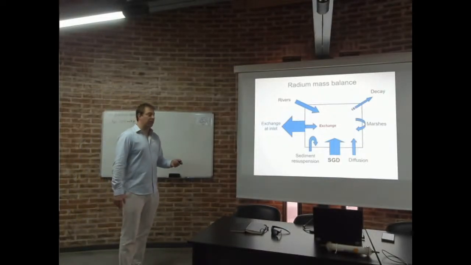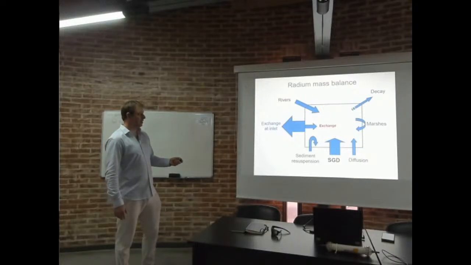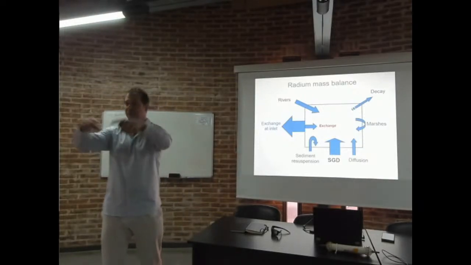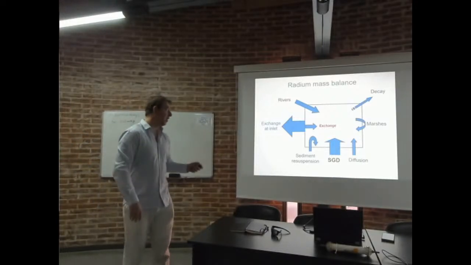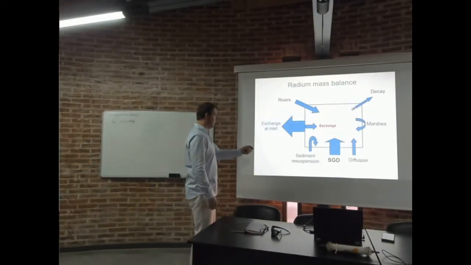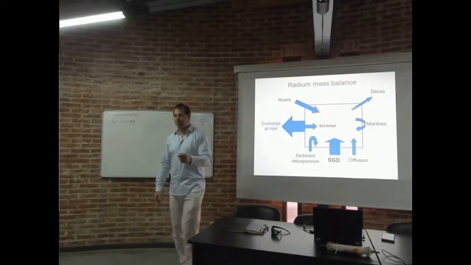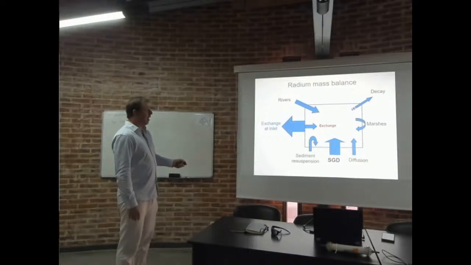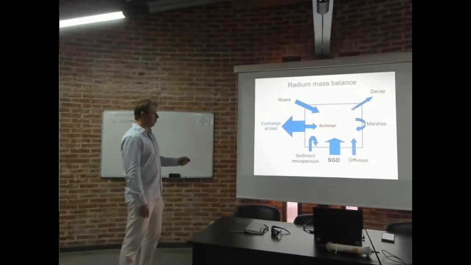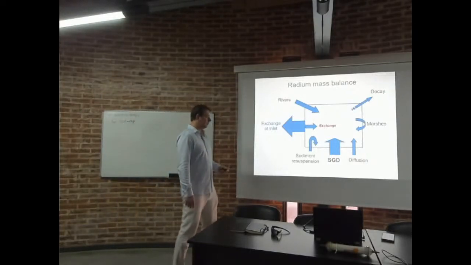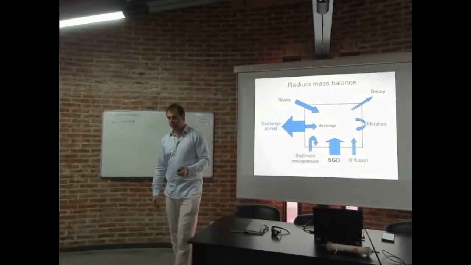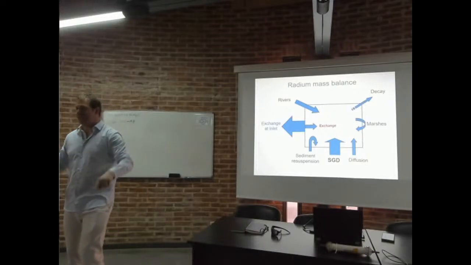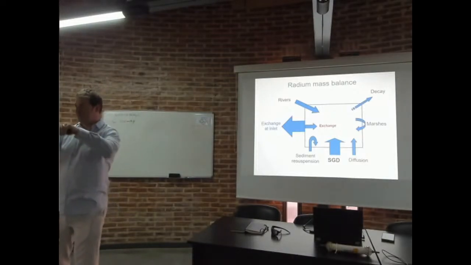The second way we lose radium is just the movement of water outside of your area, of your box. So how does the water leave the box? That's the second important output. So these two outputs must equal the inputs. The first input, that's kind of easy to understand, is that often this box is not a one-way system.